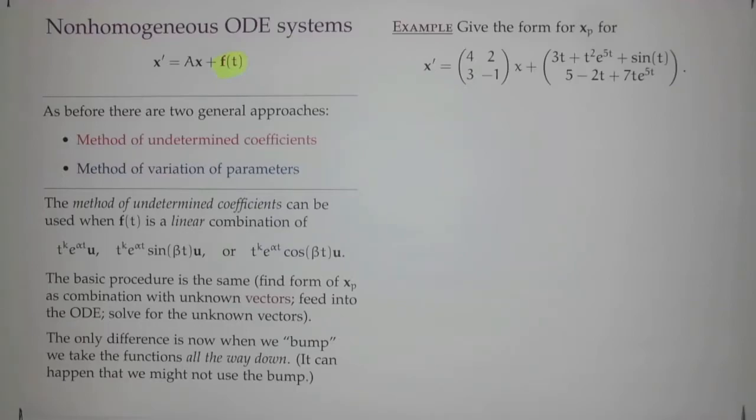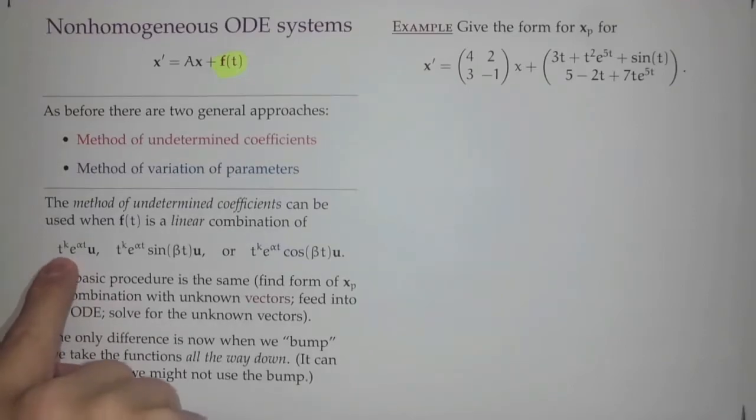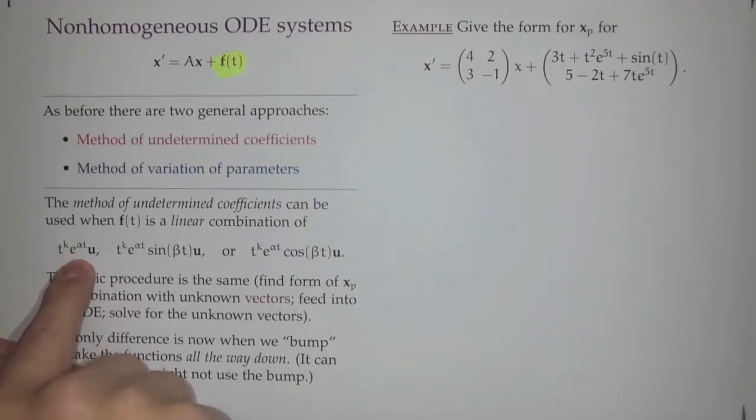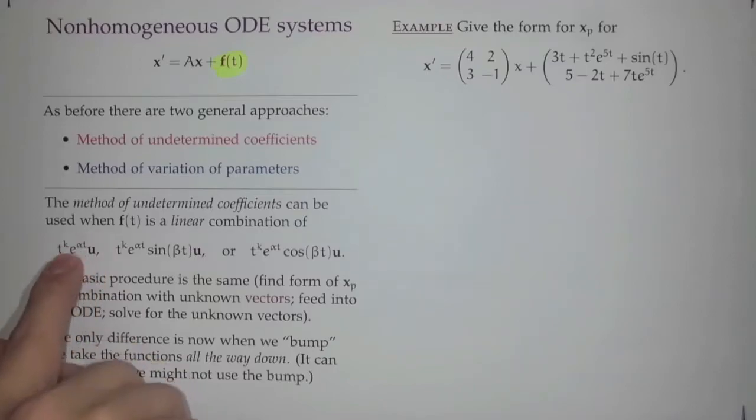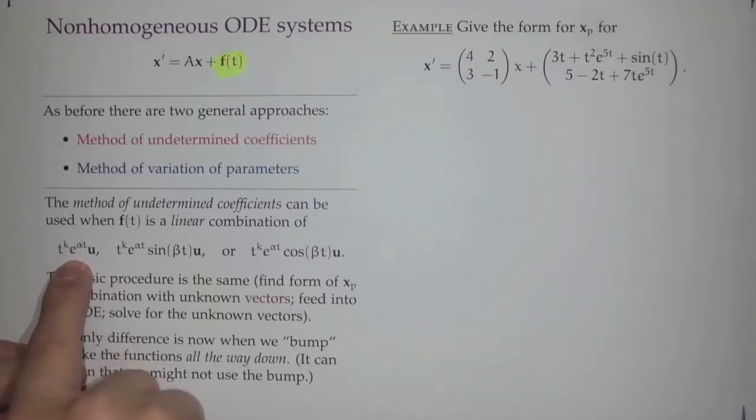Okay, so we're starting with the method of undetermined coefficients. And there is some limitation to this method in that it works when f of t has a certain form. So when do we use it? Well, if you think back to undetermined coefficients before, there are certain combinations of things that look like a power of t times maybe an exponential function. It could just be a power of t, because the exponential function could be e to the 0.